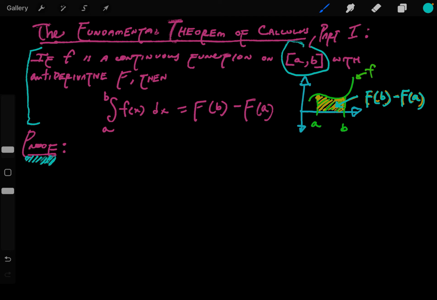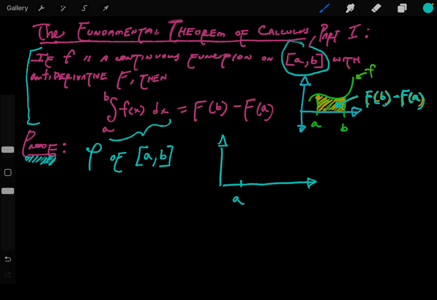Now, to prove this, we want to investigate this integral. This is the key. What we're going to do is take a partition of the interval [a, b]. A partition is basically just breaking that interval up into some number of pieces. Here's a, here's b.